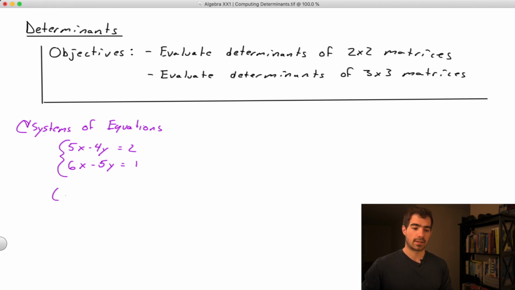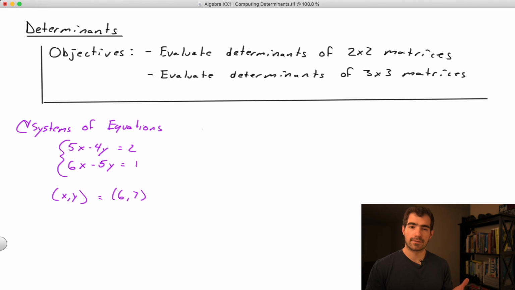They'll have some xy pair as its solution. In the case of this particular system, that solution is 6, 7, which is to say if we plug in 6 for x and 7 for y into both of these equations, we'll find that both statements are true.